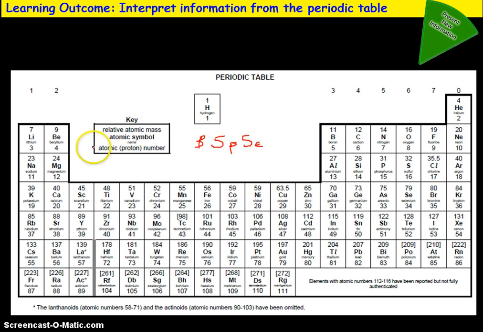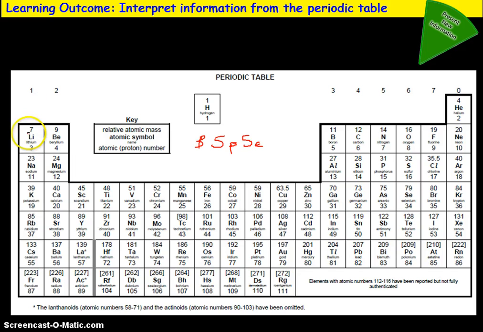But what these atoms can do is they can lose electrons, and when they do this, they will get a charge. So for example, everything in group 1 here, we know the electron configuration for lithium is 2, 1, sodium would be 2, 8, 1. They've all got 1 electron in their outer shell. So what atoms want to do is they want to have full shells.